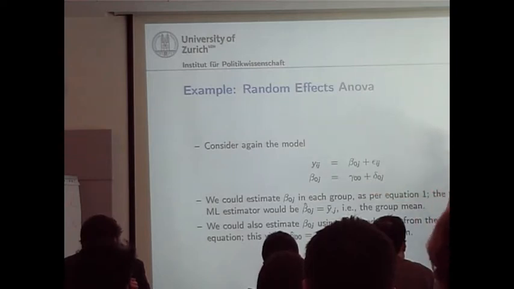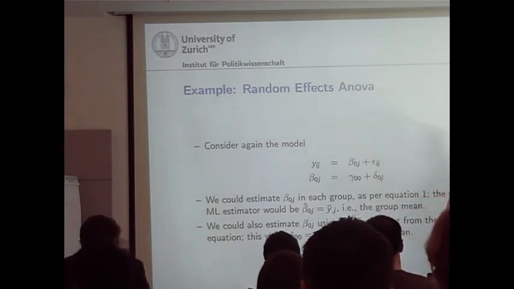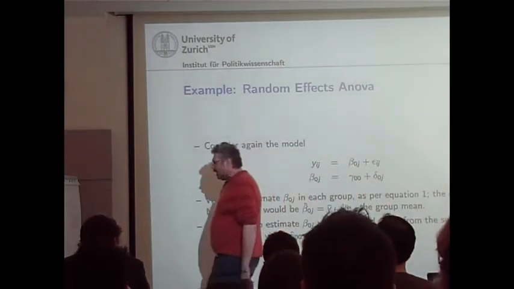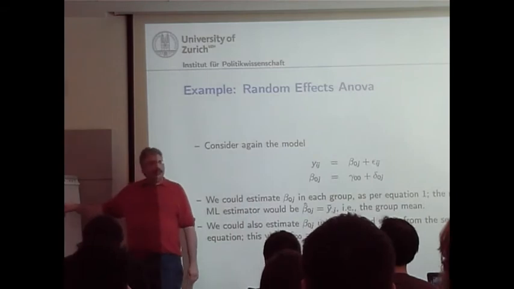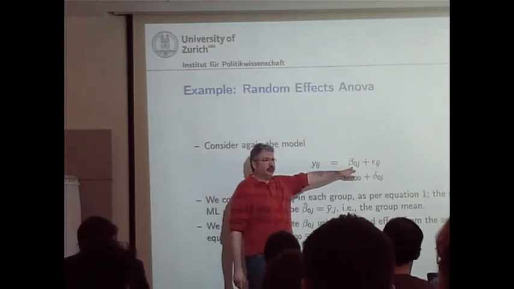So that gamma 0, as this equation implies, provides information about the individual betas. That's one way to do it. The other way to do it is to say, let's just calculate the mean in each of these groups and use that as an estimate of this beta 0j.